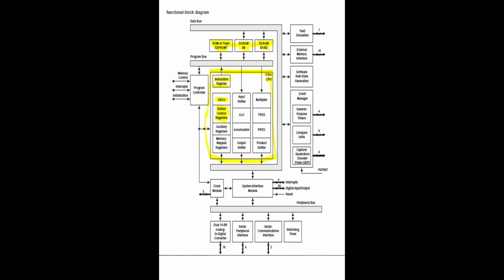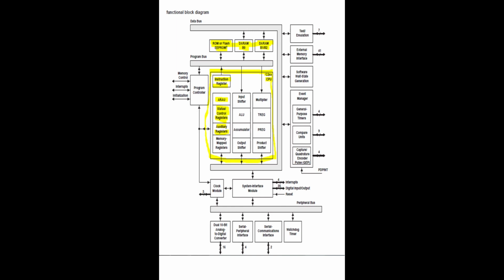And the status register shows what your DSP processor is doing at present, whether it is writing or reading or fetching some opcode. You can see all those things with the help of this status register. Then the auxiliary registers. Totally 8 auxiliary registers are there, AR0 to AR7.